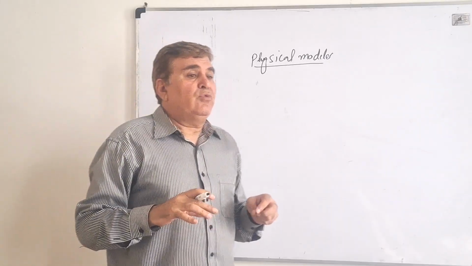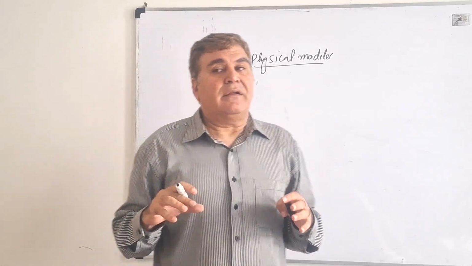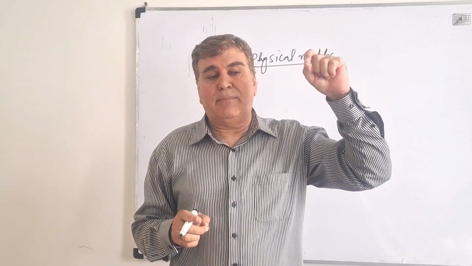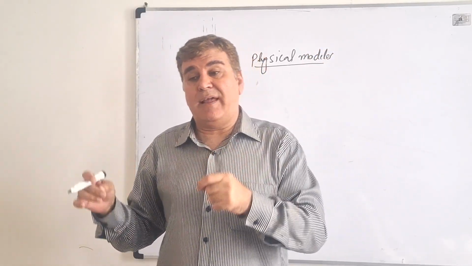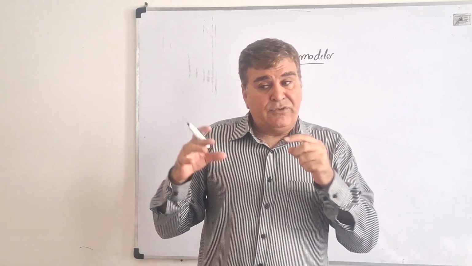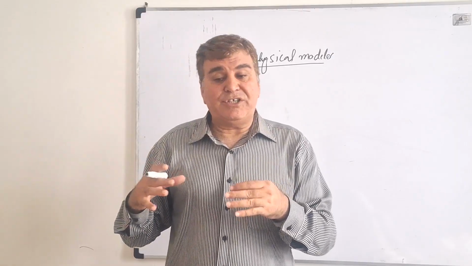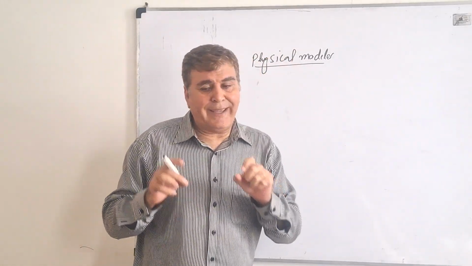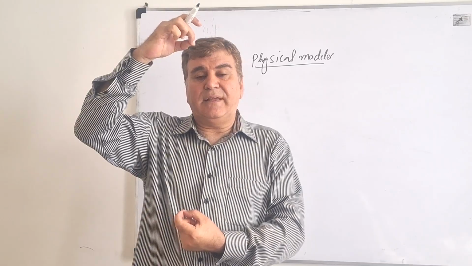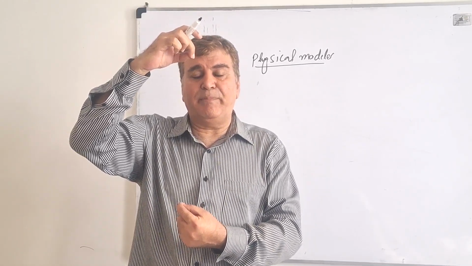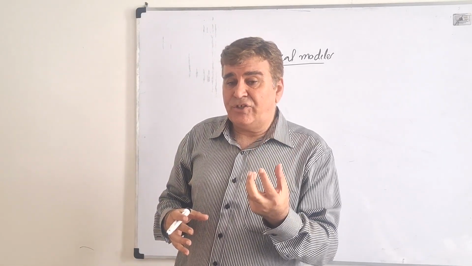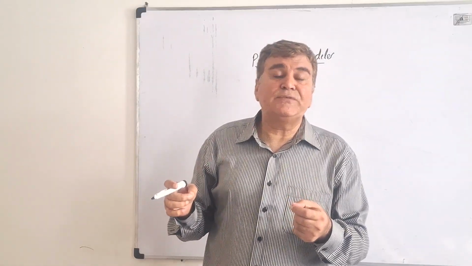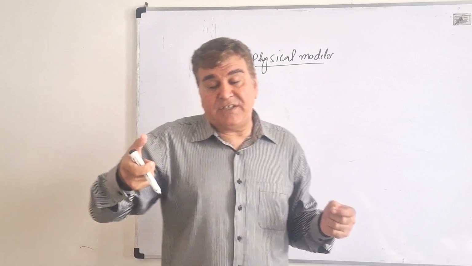For example, if you want to make an experiment on a simple pendulum and you want to measure a link between the length of the pendulum and the time period or frequency, whatever you may be observing, but you are focusing on your model, which is a simple pendulum, then that is a physical model in the sense that you can see the length of the thread, which describes the length of the pendulum, and similarly you can touch the bob used in the pendulum, and you can touch the apparatus, the device that you use for measuring the time period, which is a stopwatch.